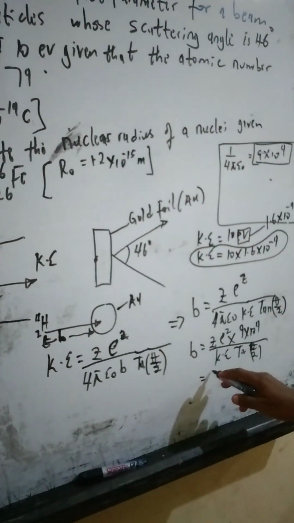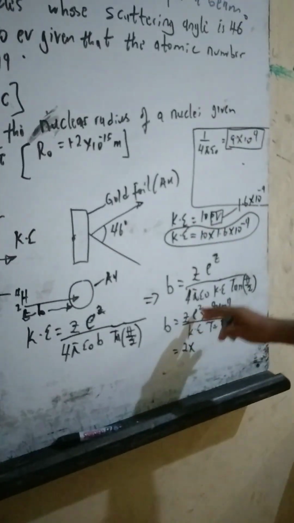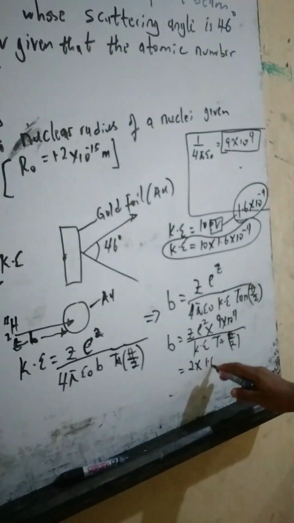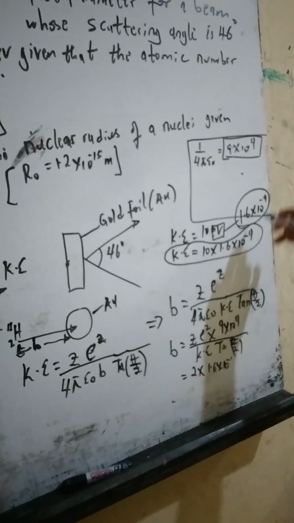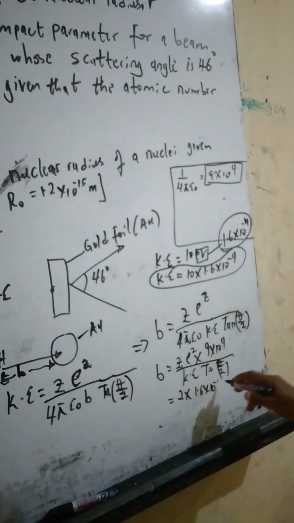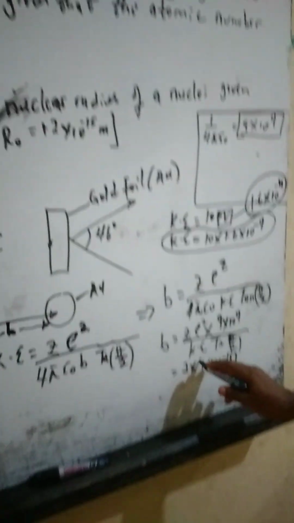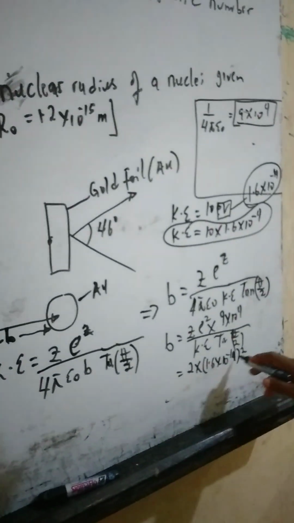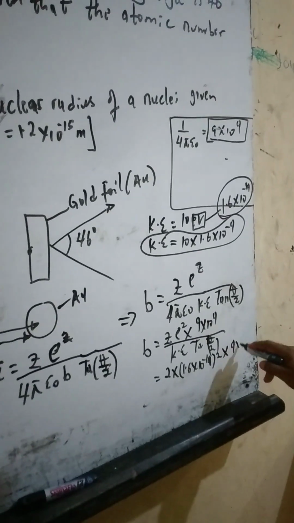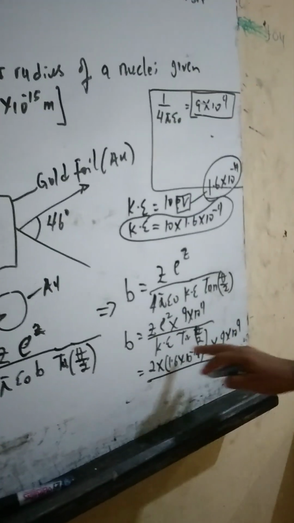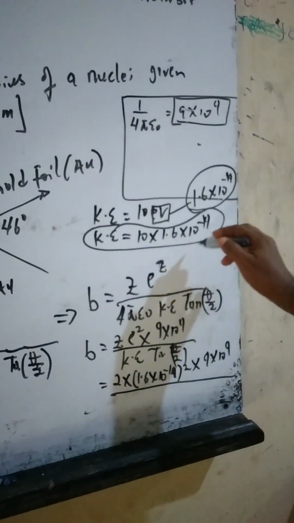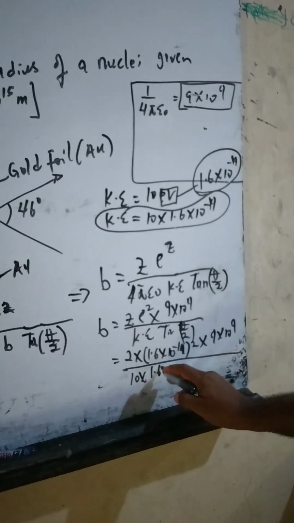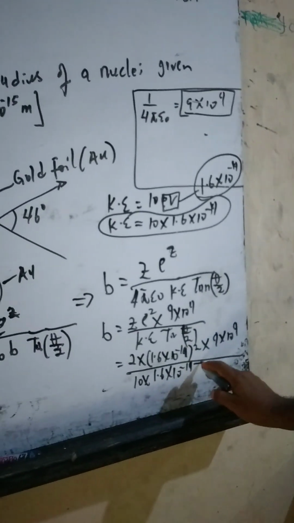So I'm going to have 2 times the electrical charge, which is 1.6 times 10 raised to power minus 19, then I'm going to square it, times 9 times 10 raised to power 9, all over the kinetic energy that I've gotten here, which is 10 times 1.6 times 10 raised to power minus 19, then tan half of this angle.